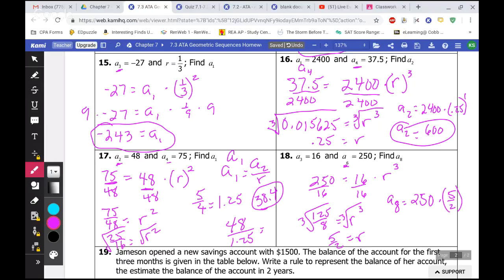So I would just raise that to the second power. I would take the A sub 6. Does that make sense? Mm-hmm. And then let's make 250 times 25 over 4. Let me see what I get.